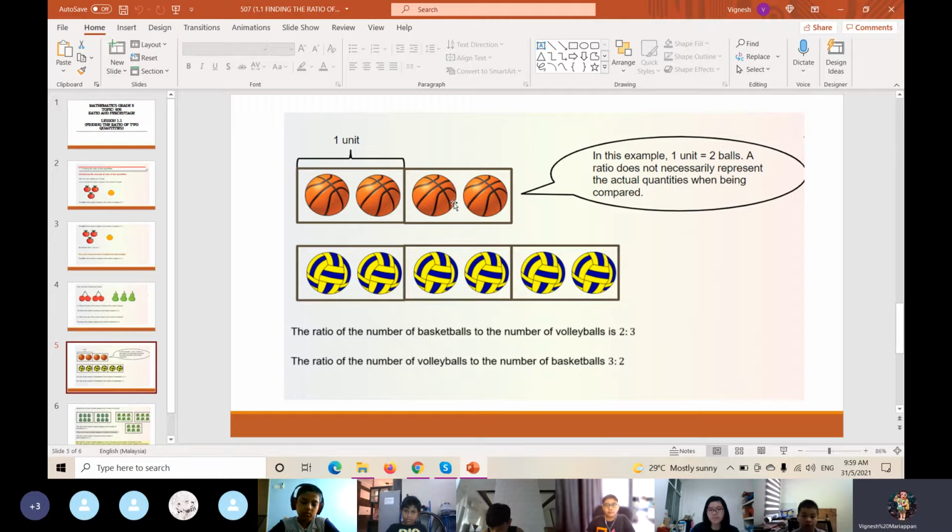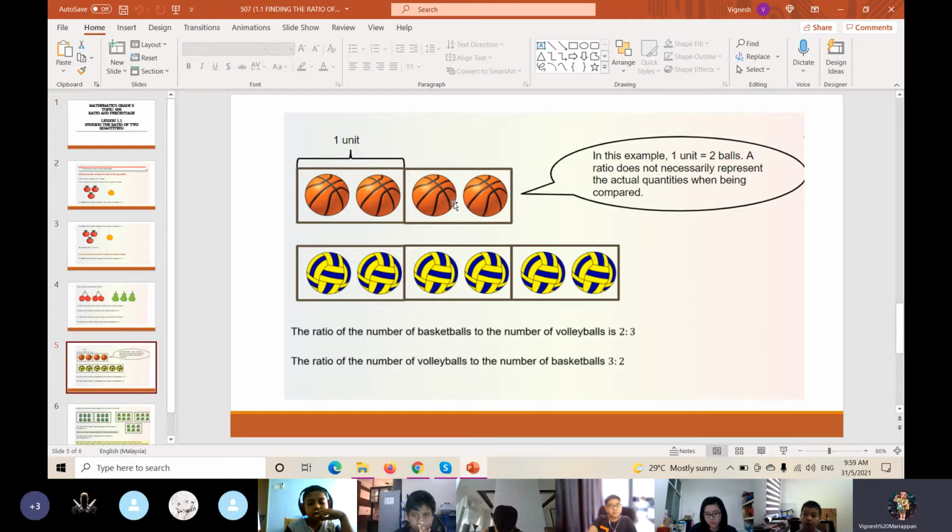Yes, teacher. 2 units. I am waiting for the response of other students also. So I want to know how many units we have for the basketballs. 2 units. Yes, very good. 2 units for basketballs.